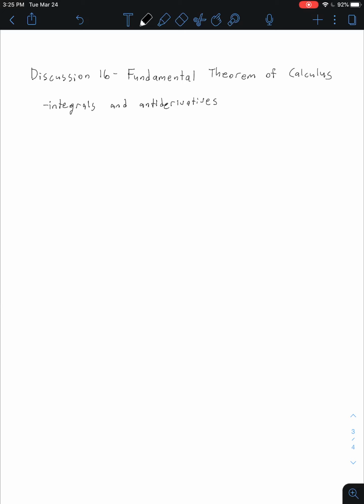And there's two parts to the fundamental theorem. The first part talks about continuous functions. So let's say that we have a continuous function f. And then we're going to look at a different function, capital F, which is defined in terms of an integral.